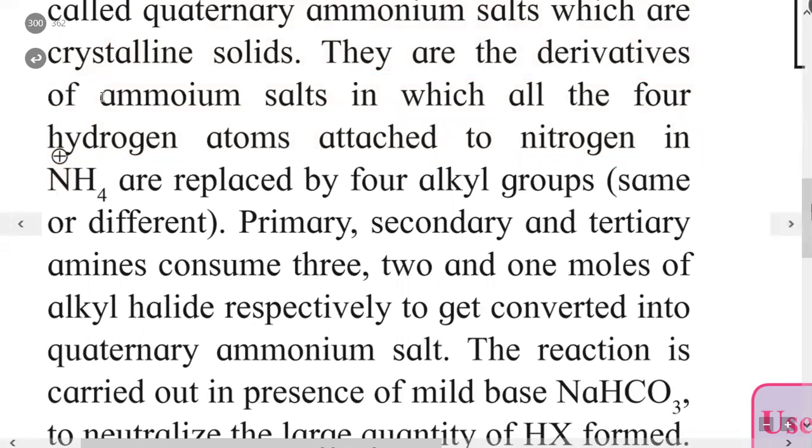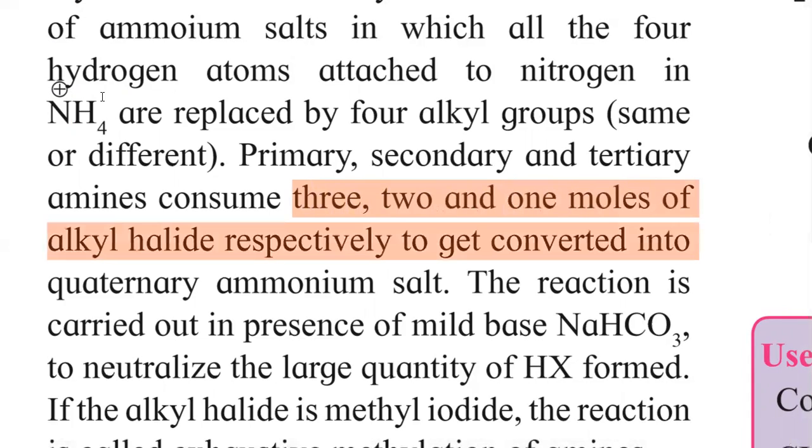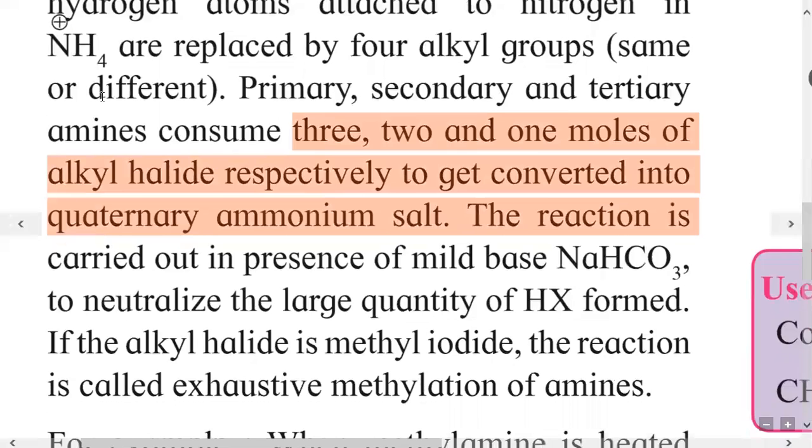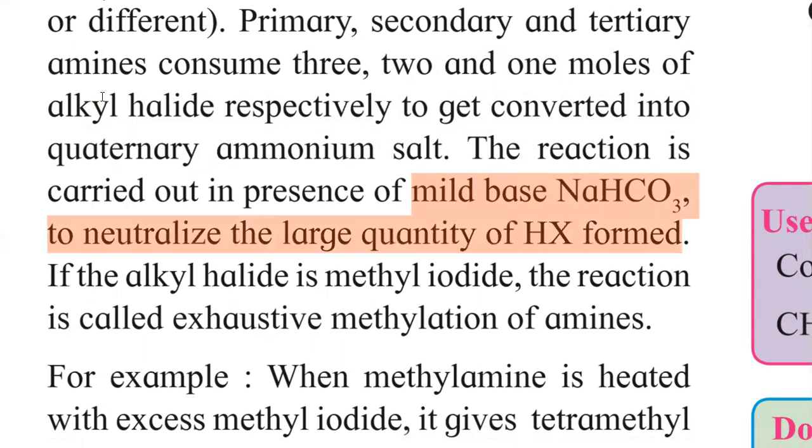So primary, secondary and tertiary amines use respectively 3, 2 and 1 moles of alkyl halide and get converted into quaternary ammonium salt. The reaction is carried out in the presence of a mild base like NaHCO3, sodium bicarbonate, to neutralize the large quantity of hydrogen halide formed in the reaction.